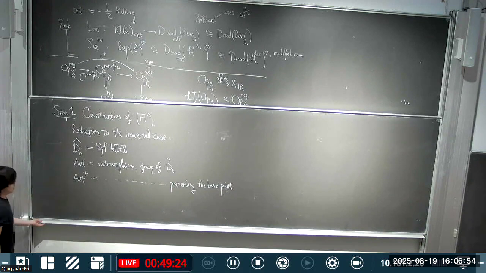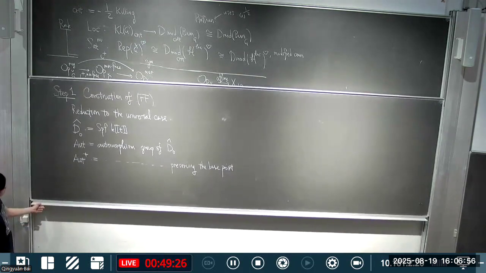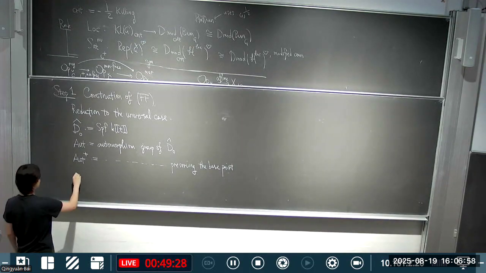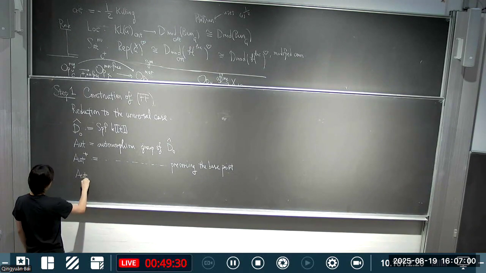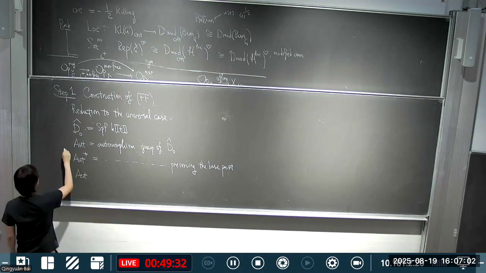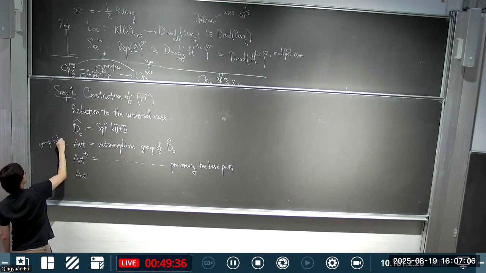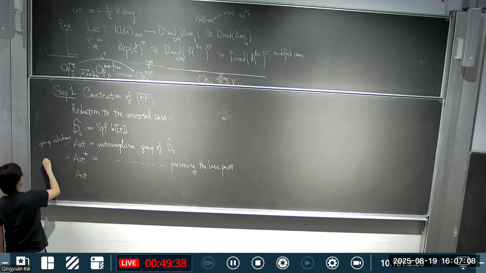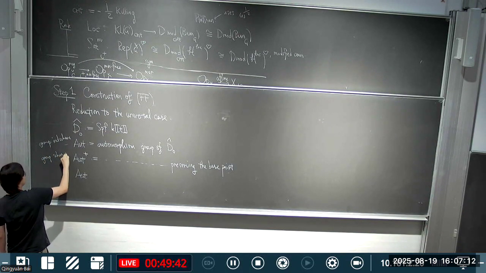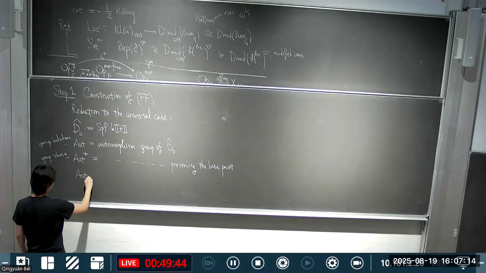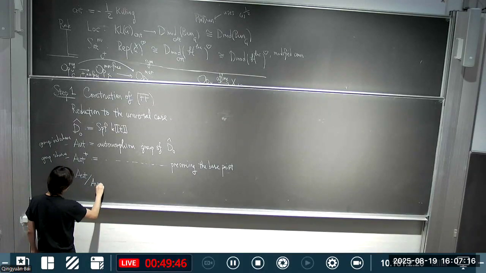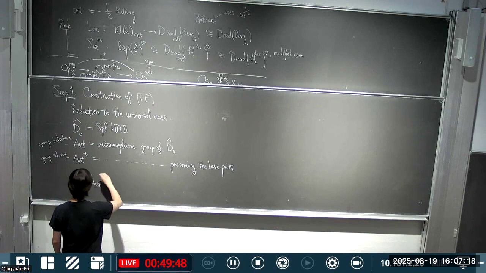The relationship between these three things is that this is a group ind-scheme, but it's not of finite type. So Aut quotient by Aut plus is actually exactly that formal disk D.